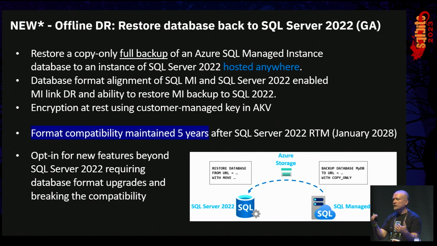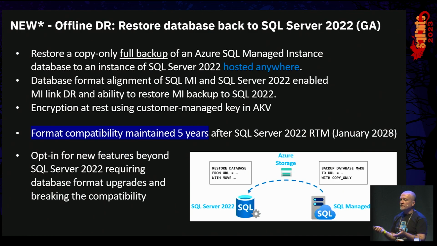But when 2022 came out, we made a decision to lock the compatibility in MI, to pause a little bit of our updates that would break that compatibility. And we said, okay, we will guarantee the compatibility with SQL Server 2022 for the next 5 years. So we guarantee that you'll be able to go back. And then when the next SQL Server comes out, for that release, and then for the next, we're going to have a new 5-year guarantee to go back.